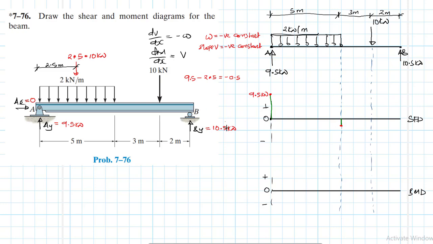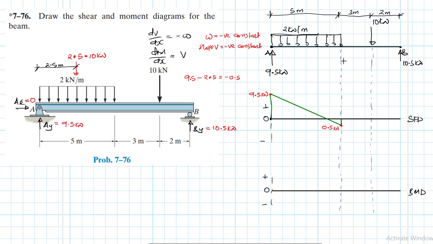This is negative 0.5. So we are going to have a straight decline, a negative slope, with a constant value, right? And this value here is 0.5 kilonewtons.